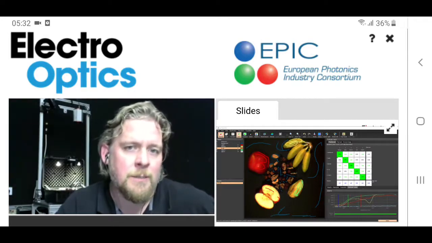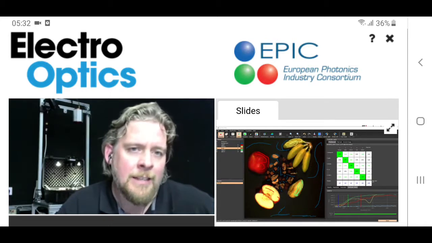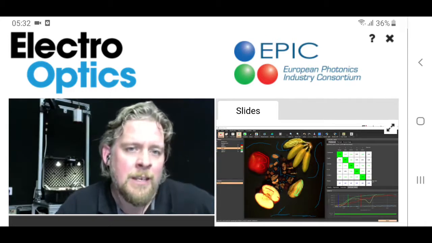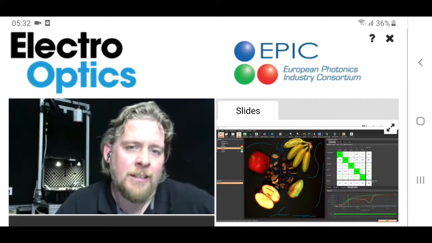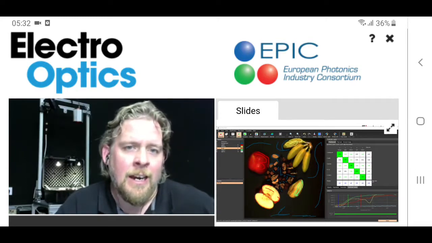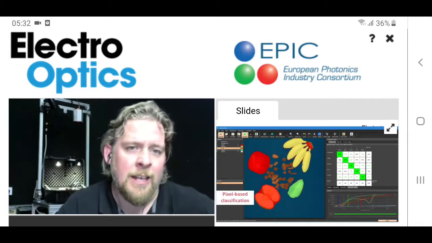We use the classifier Mira, and all you have to do to generate your application is draw some lines to teach the classifier which object is in which location. After that, you can train the classifier, and it will now understand to classify between these different fruits.